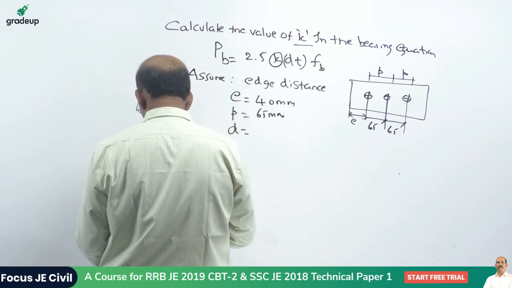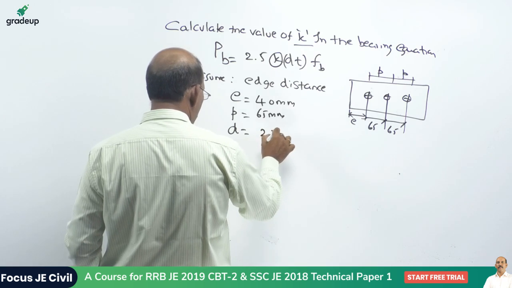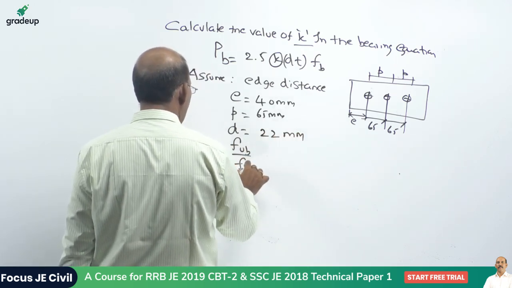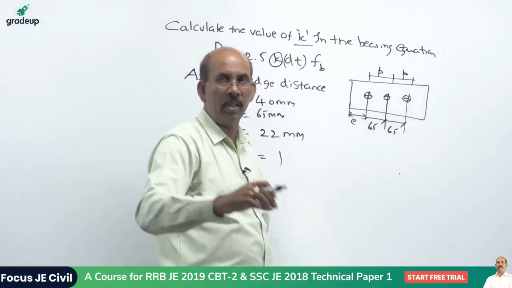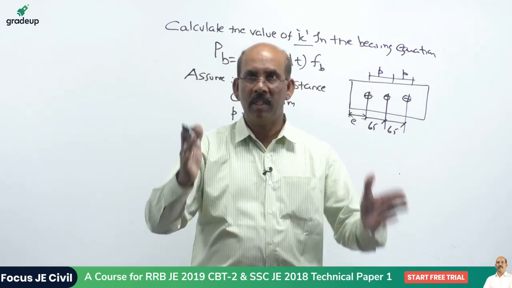The diameter of this bolt is 22 millimeters, and the ratio of FUB by FU is equal to 1. So this is the given information, the data, from this particular question.